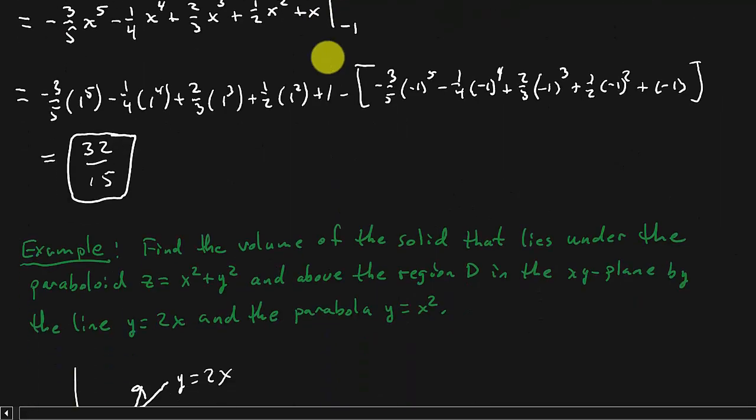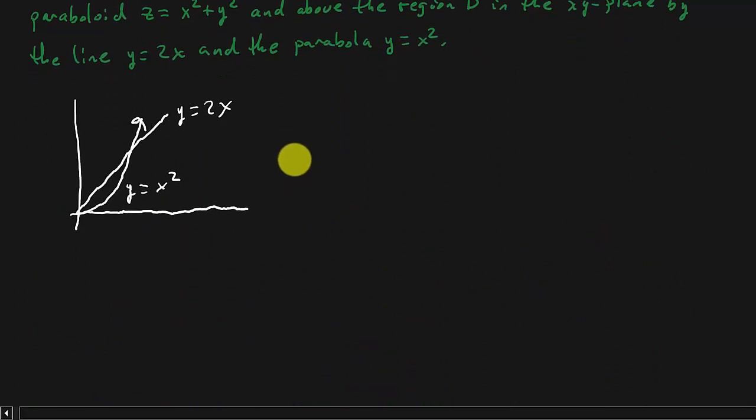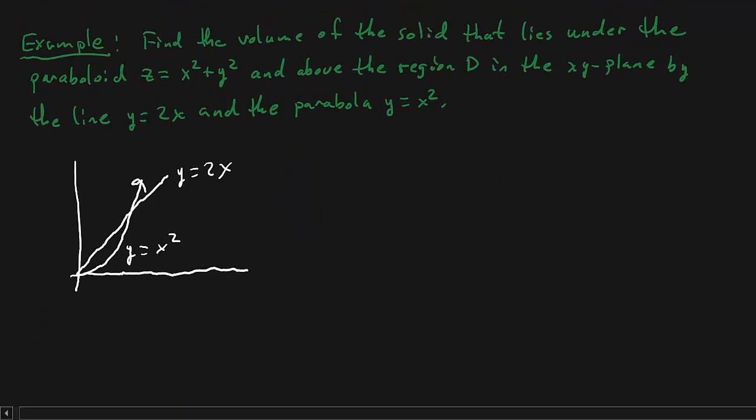That can help. I should have drawn it on there, but it just slipped my mind. But let's set this up as a type 1 region. And so we can put our arrow there. Okay, so it's a type 1.